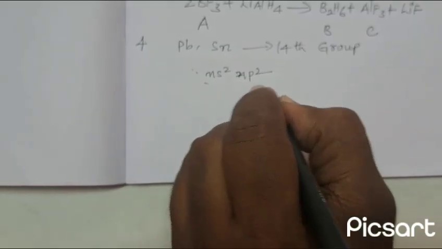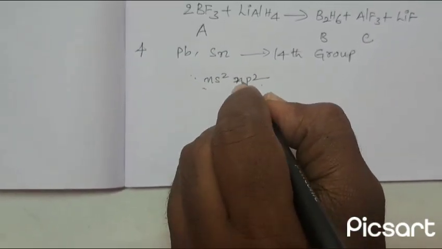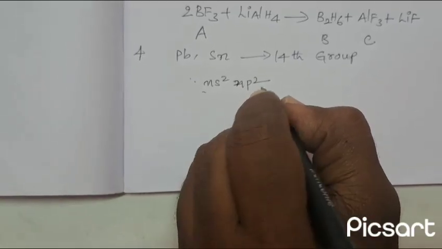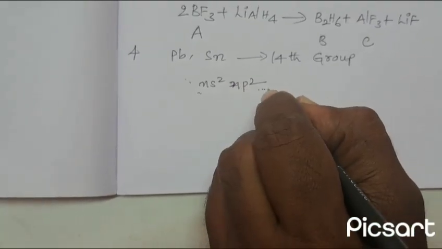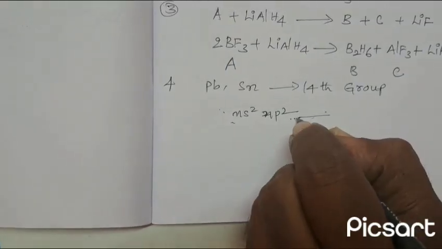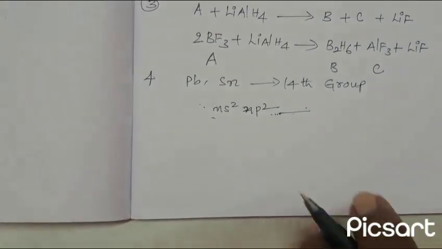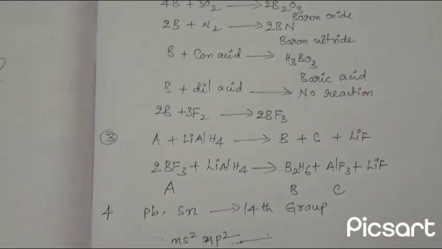the outermost electrons, when the electrons are lost, give the oxidation state. The number of electrons that are lost gives that much charge.